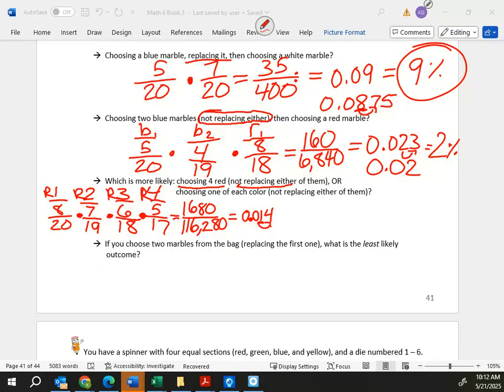It's 0.01. So we want to be careful that we keep it like that so we can figure out the percentage. Because if we just put 0.1, we might accidentally turn that into a 10%. So our hundredths place has a 1, so it is 1%.